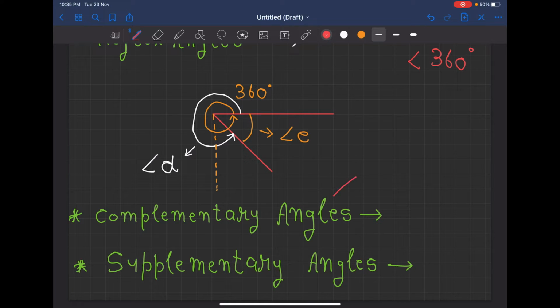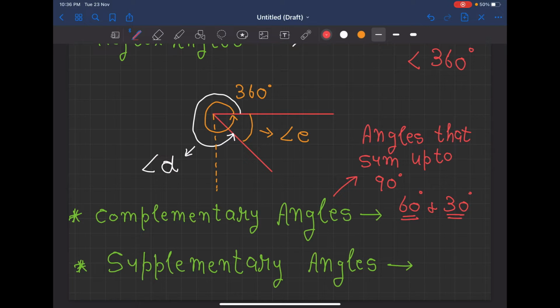So we can write here: angles that sum up to 90 degrees. For example, if we have 60 degrees and 30 degrees, these two angles sum up to 90 degrees. So these both are complementary angles to each other.